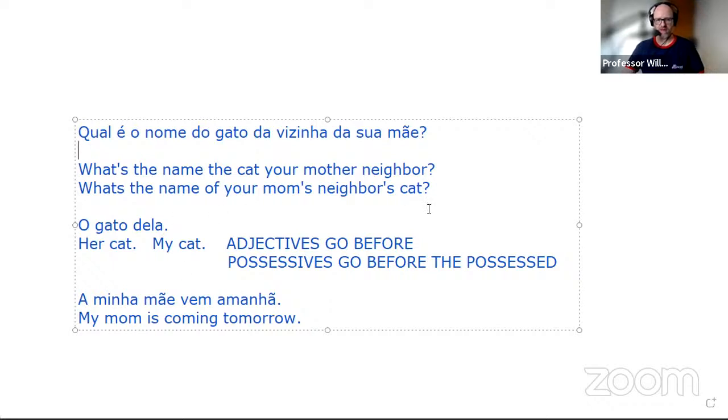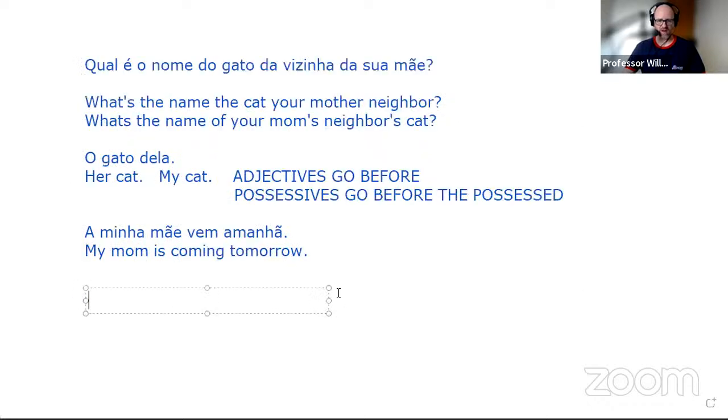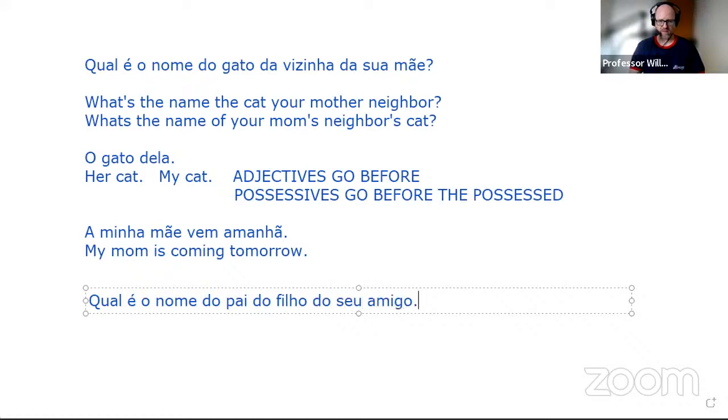So, what's the name of your mom's neighbor's cat? Joe, como você perguntaria? Eu vou escrever porque eu vou fazer bem complexo para você. Qual é o nome do pai do filho do seu amigo?